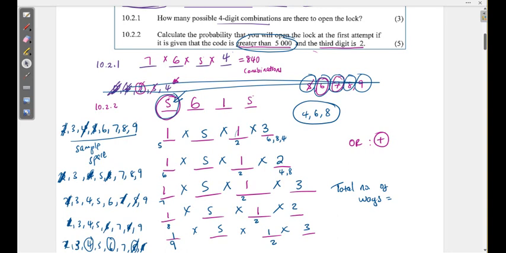So that would be 15 plus what? 1 times 5 times 1 times 2 is 10. You say plus 10, and then 1 times 5 times 1 times 3 is 15 again, plus 1 times 5 times 1 times 2, that is 10 again, and then lastly 15. So what does that give you? 15 plus 10 plus 15 plus 10 plus 15. So you'll get 65, right?